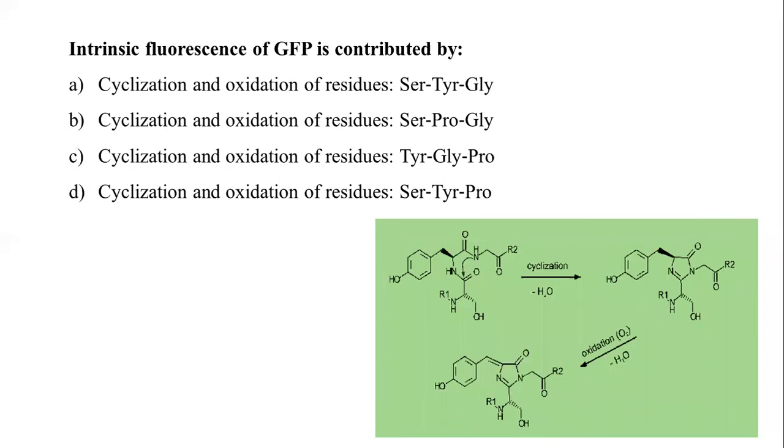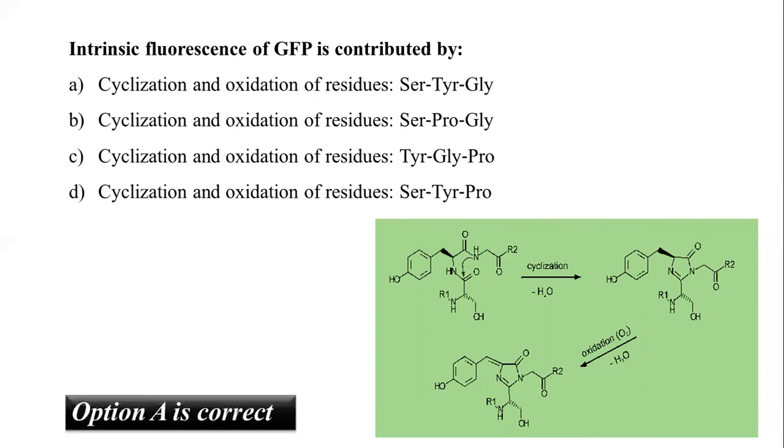The cyclized backbone of these residues forms an imidazolidine ring. So the correct option for this particular question is option number A, presence of serine, tyrosine, and glycine.